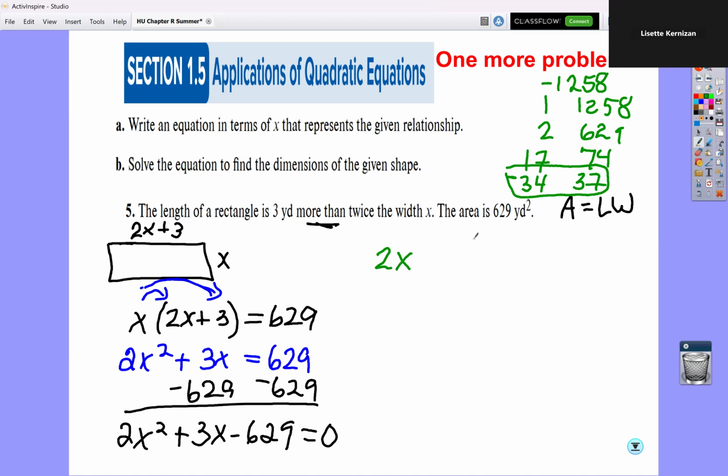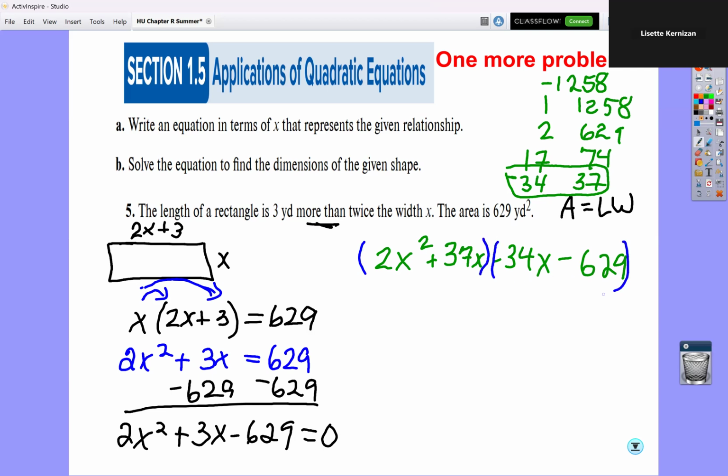So 2x squared, and then the negative 629 I'm putting on the end. I'm going to expand the middle. I'm going to say negative 37x, positive 37x minus 34x. Remember, this is interchangeable, so you could have put the 34 in the front, and you would still get the same answer after you factor.